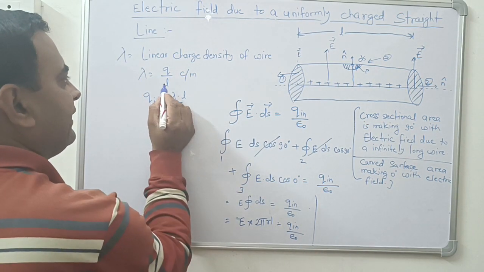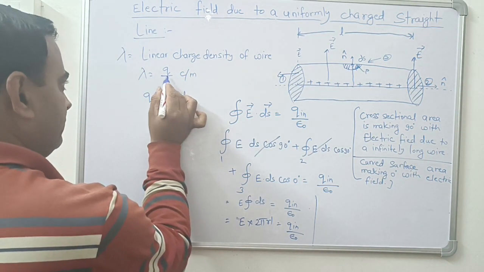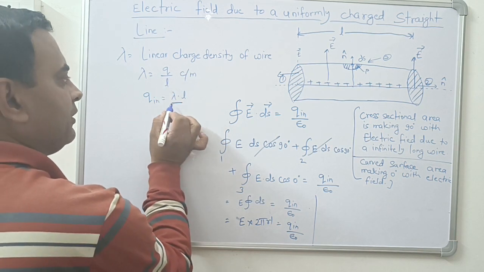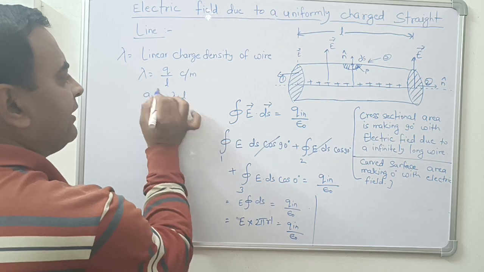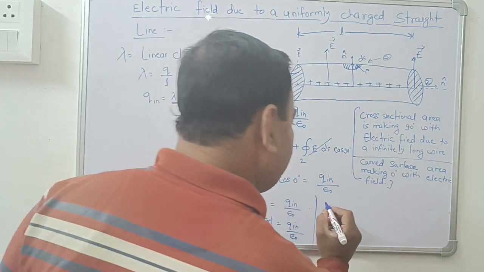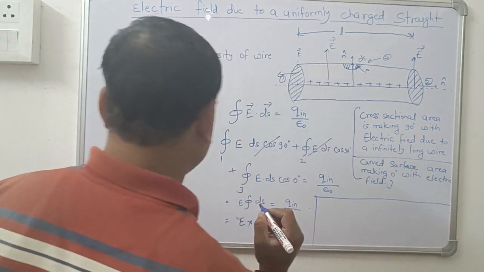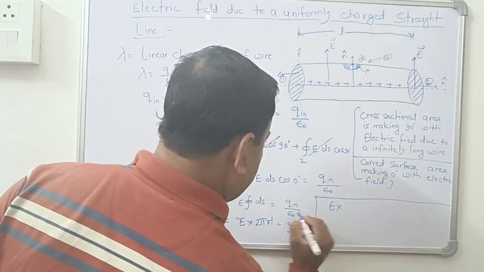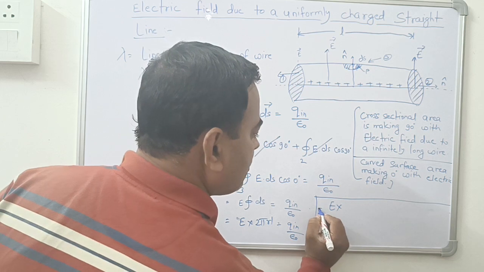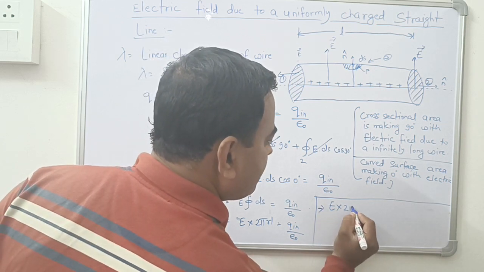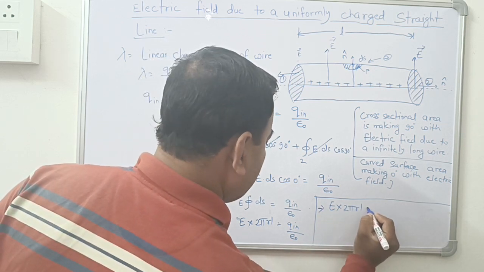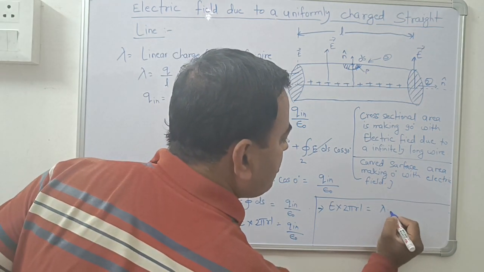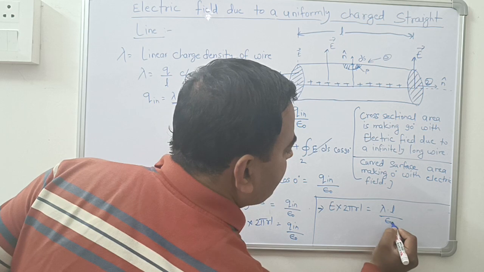So q in can simply be written as lambda into L. So E into 2 pi r l equals lambda into L upon epsilon naught.